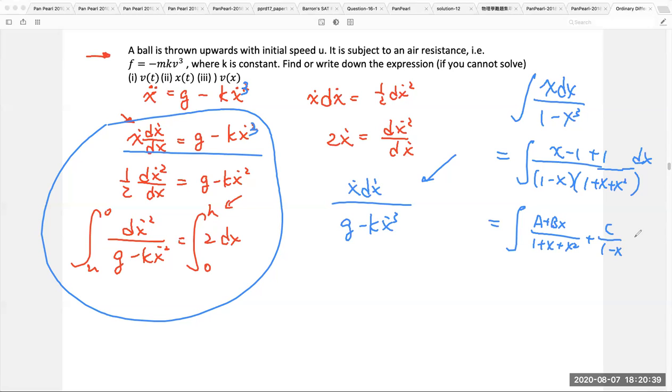You can solve it at home, partial fraction, and then you can solve both of them by using some trick. So we can ignore this question and write down the expression only. Actually, this one can't be solved easily, so you just write down the expression.